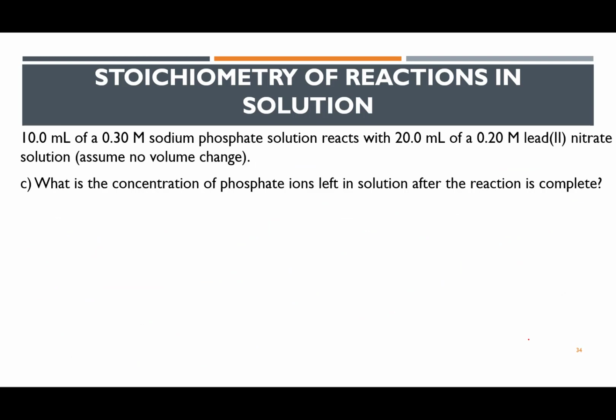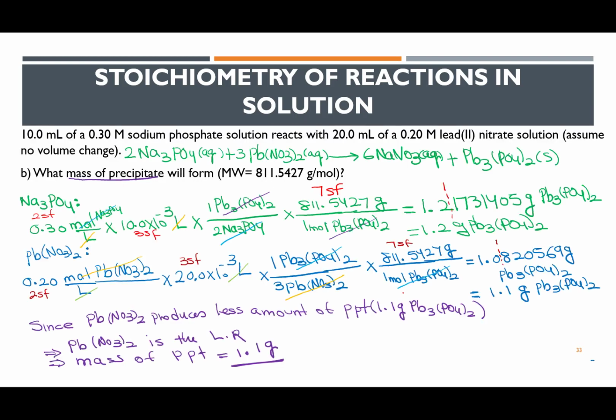Now, for part C, we want to calculate what is the concentration of phosphate ion left in the solution after the reaction is completed. It's kind of the backward calculation. Then, since lead 2 nitrate is the limiting, we use all the lead 2 nitrate.